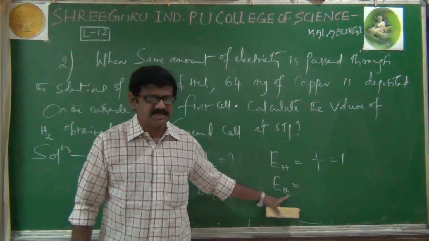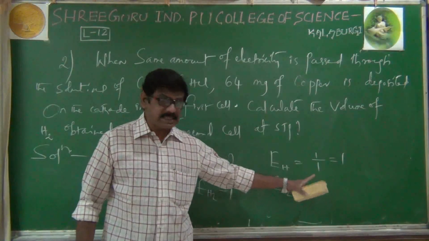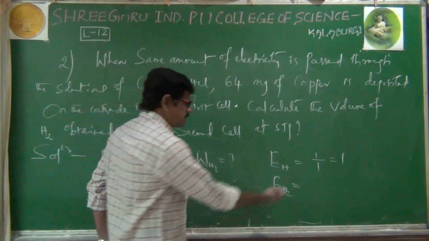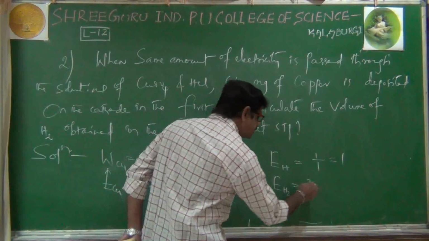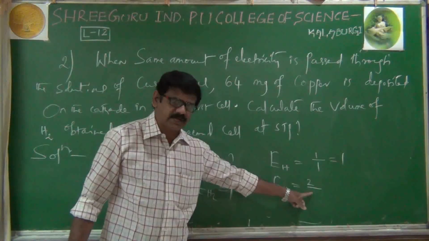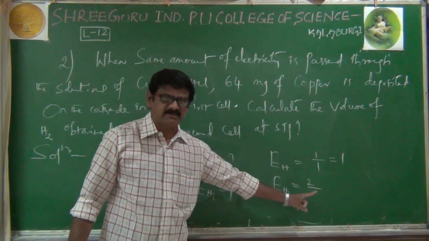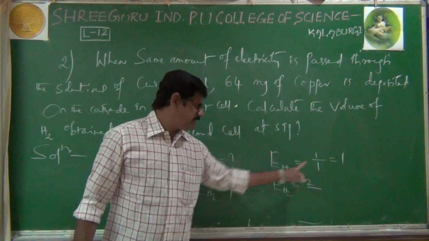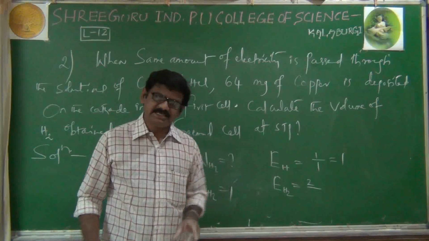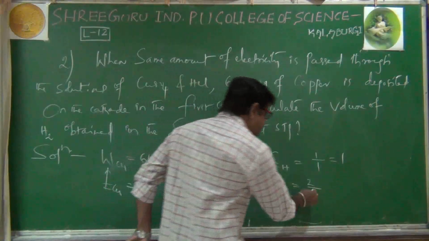As far as the molecule is concerned, we have to consider molecular mass divided by valency. Don't write valency 1; 1 is for the atom. For the molecule, the valency is 2, so we have to write 2.